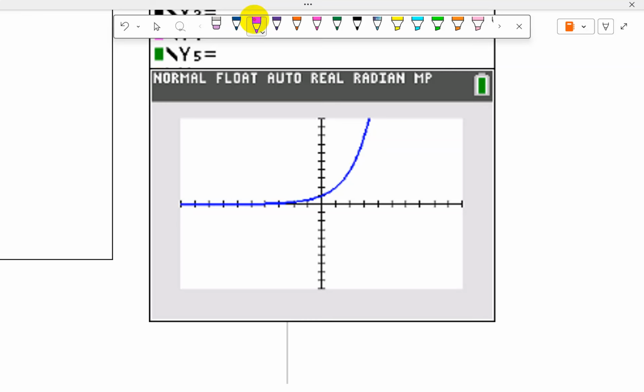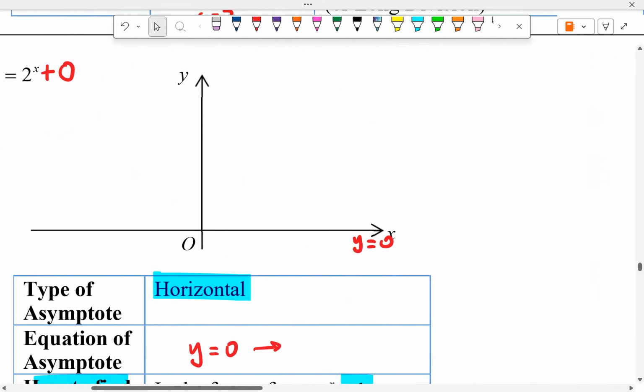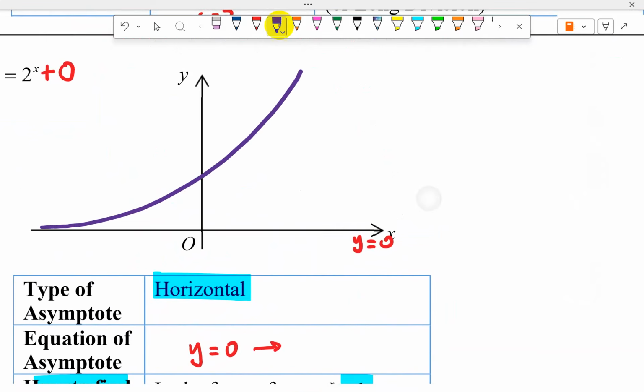The graph itself should start slightly above and then go up. So the GC can only give you a general shape of the graph, but there's a lot of information missing in there. Back here, copying the shape from the GC, I start near the asymptote and then I curve it up. So this is the exponential graph, y equals 2 to the power of x.